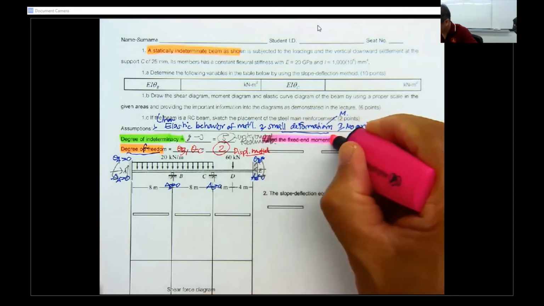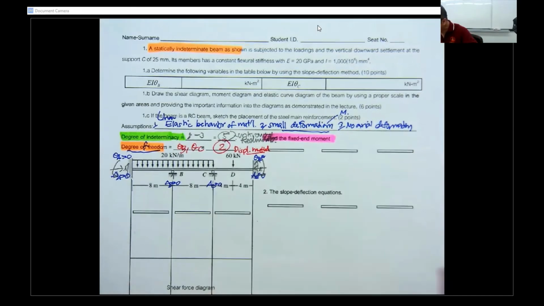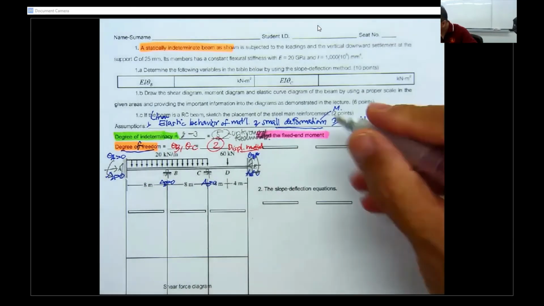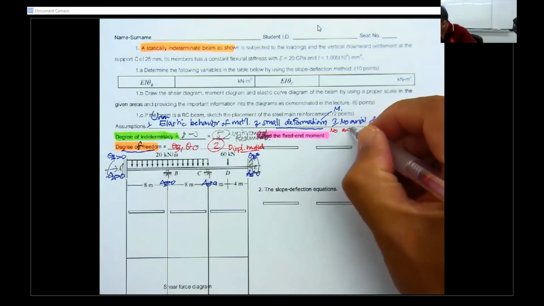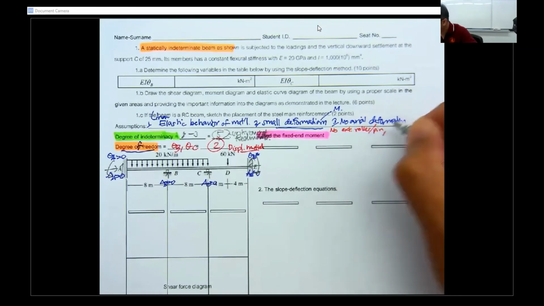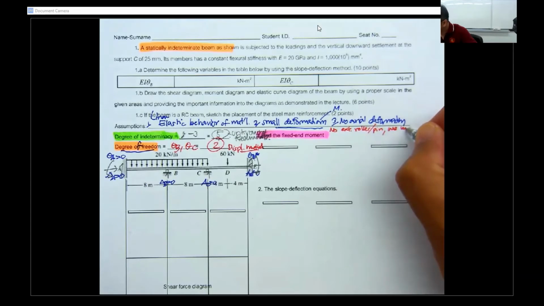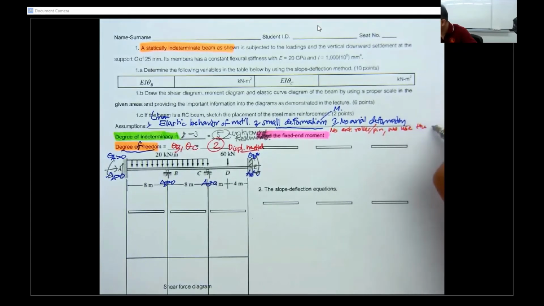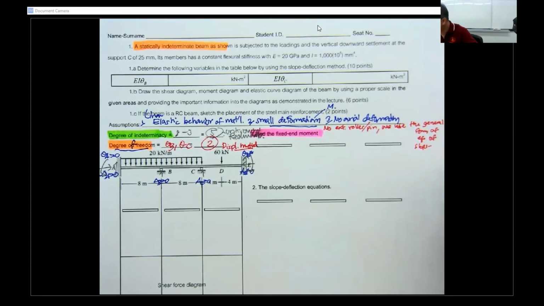Next we come to determine the so-called fixed end moment. Since the equations that we are looking for are all in the form of the general equation, since there is no external roller and pin, we use the general form of the slope deflection equation.